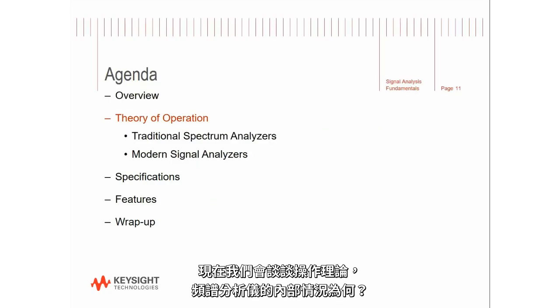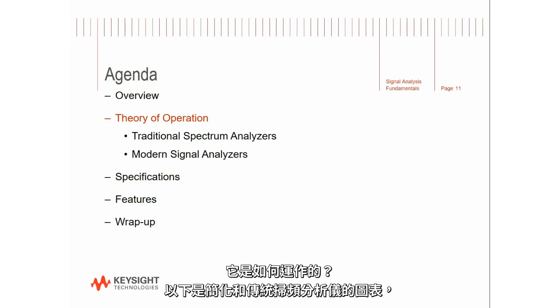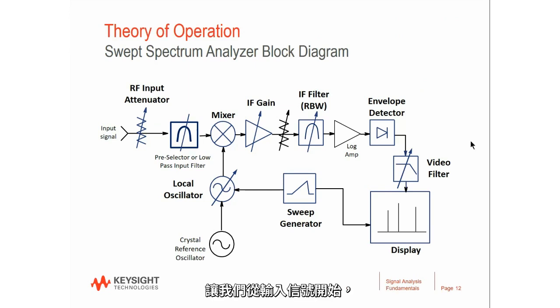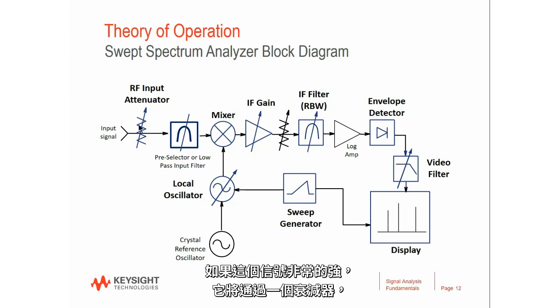Okay, well now let's get to the theory of operation. What is actually inside a spectrum analyzer and how does it work? So here's a simplified and traditional block diagram for a swept spectrum analyzer. Let's start with the input signal. This is the unknown signal you want to know more about. If that signal is really strong, it'll pass through an attenuator, and then it goes through a very important component called a preselector.